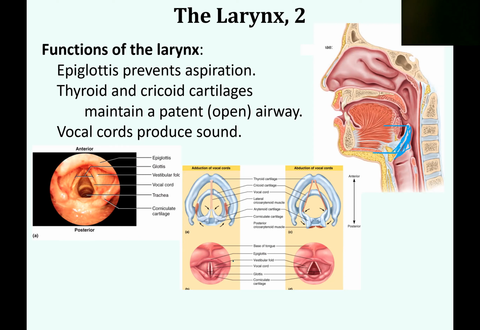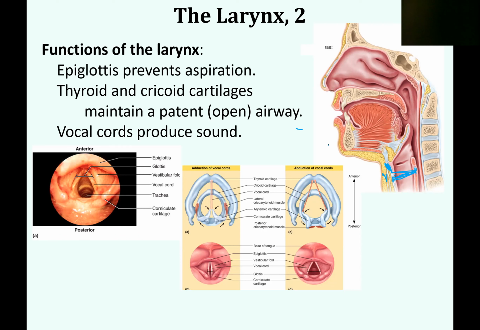Thyroid and cricoid cartilages. Okay, in the mid-sagittal view, the thyroid cartilage is here. The cricoid cartilage is here and here, and so it makes a complete circle all the way around.